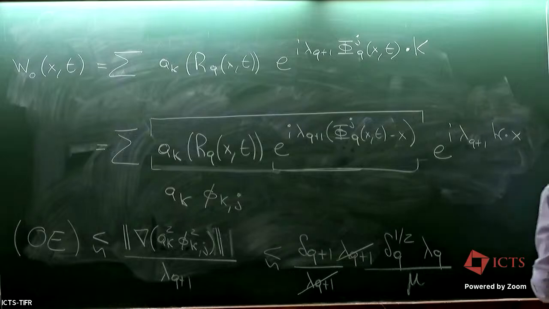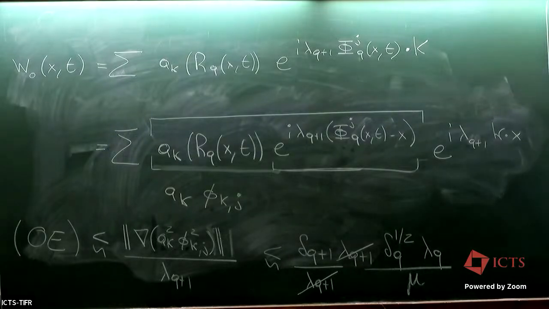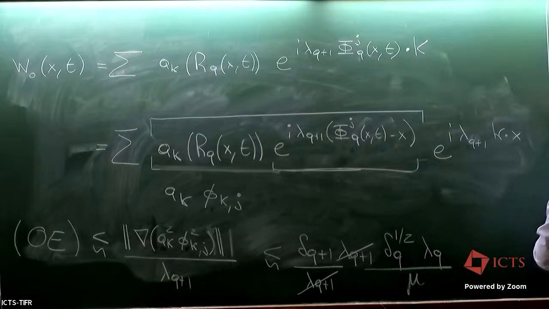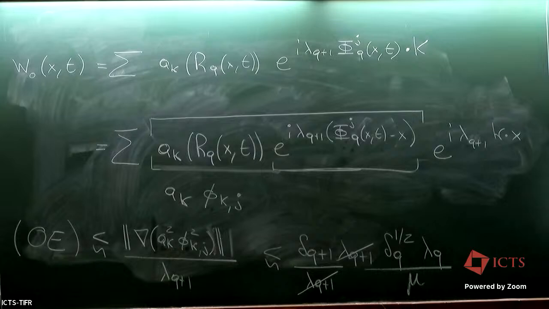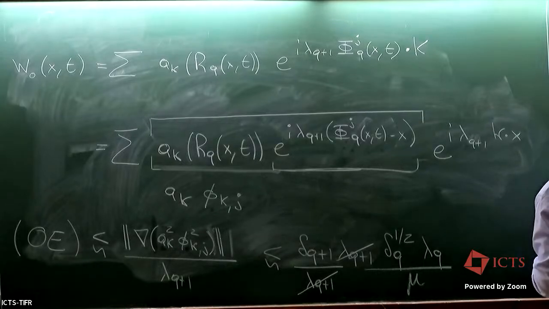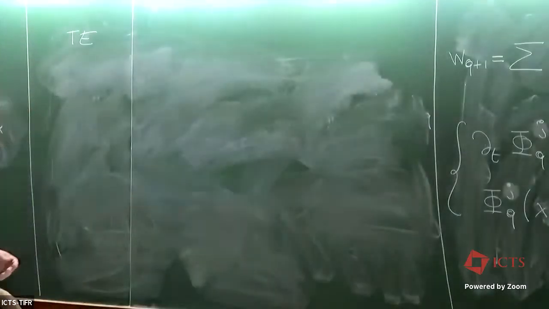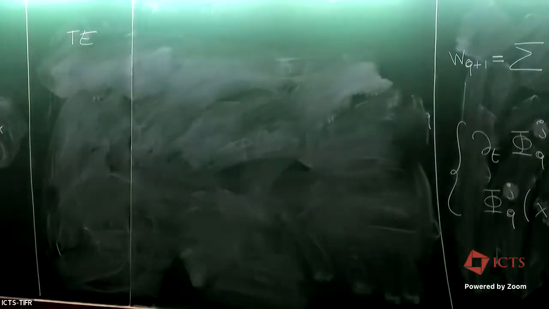So I'm not going to write it down. Okay, so now you've got your parameter mu to choose, and let us write down what are the conditions that I need to satisfy to be able to close the iteration, okay? So that is the transport error, and that is mu times delta q plus 1 to the 1/2.